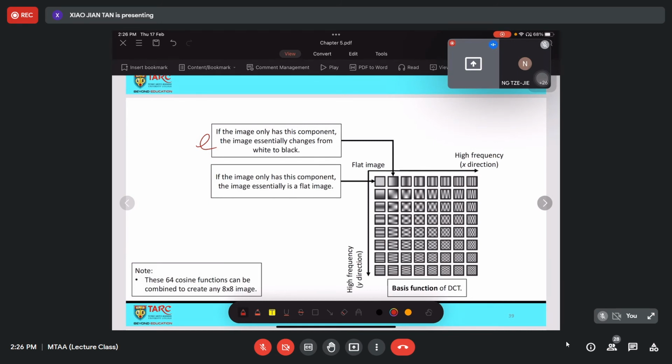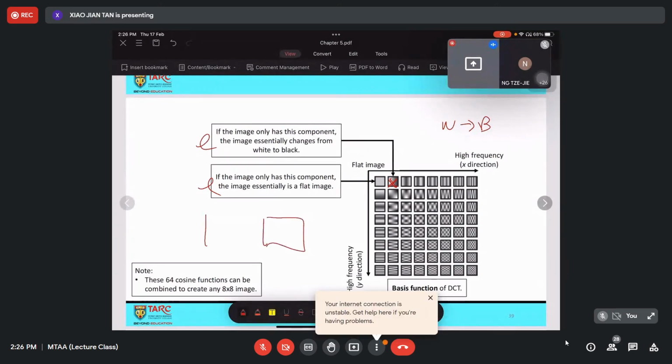If you have a very high value in this position, it means the entire image is changing from white color to black color. If the image has only this component, the image is a flat image. For example, you have a totally white or totally black image.